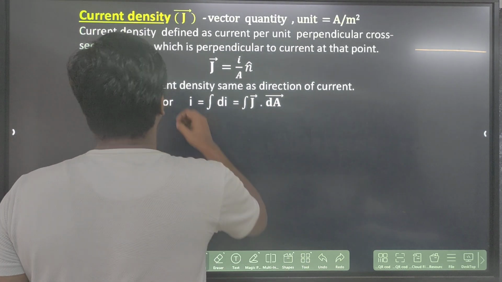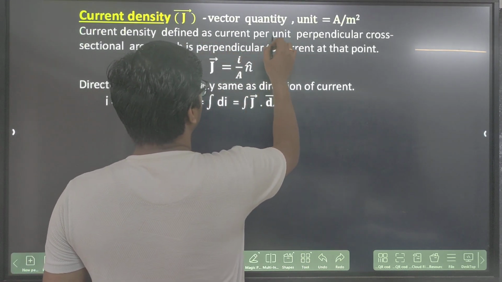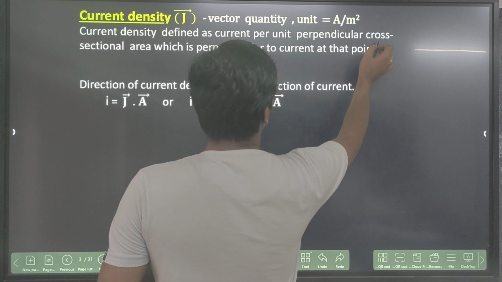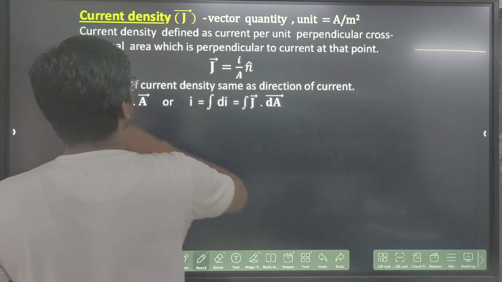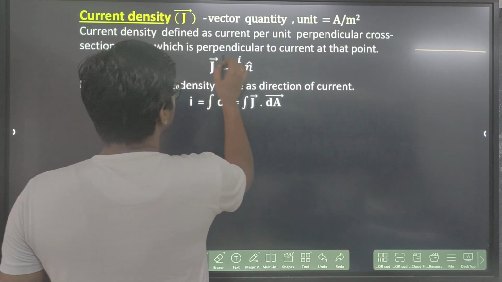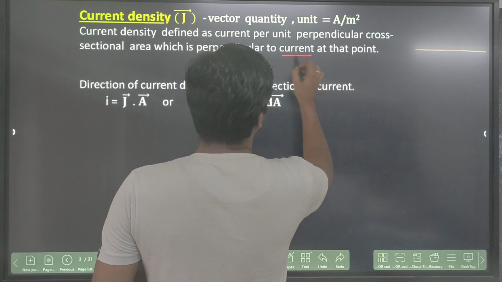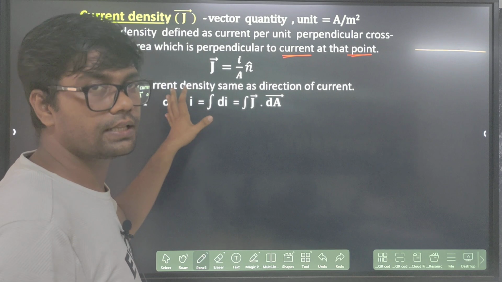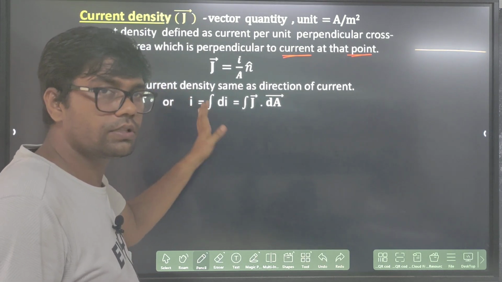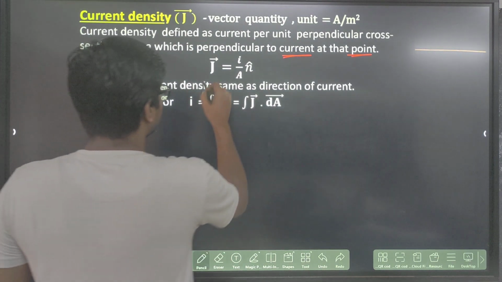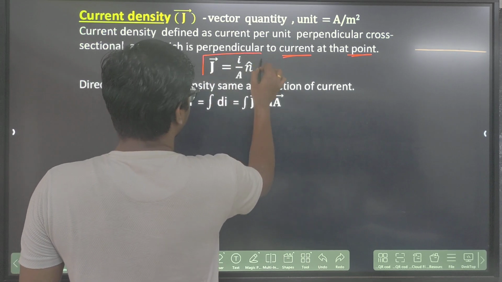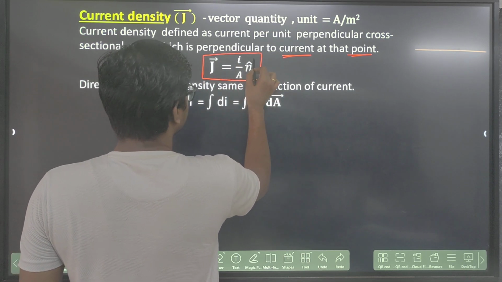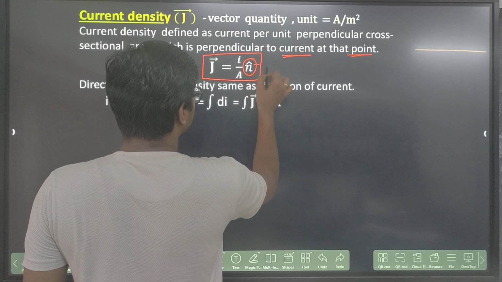So they have written that current density is defined as current per unit perpendicular cross sectional area, and that area is perpendicular to the current at that point, right? We'll see this perpendicular area in detail. So J can be written as I by A, and the direction of J is n cap.